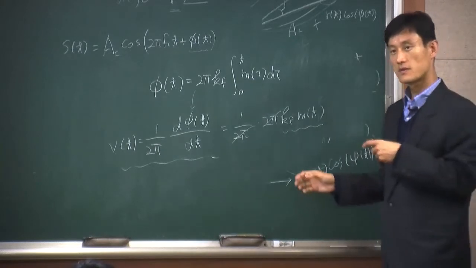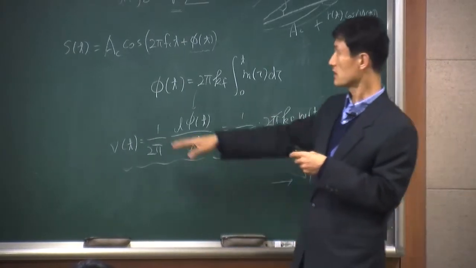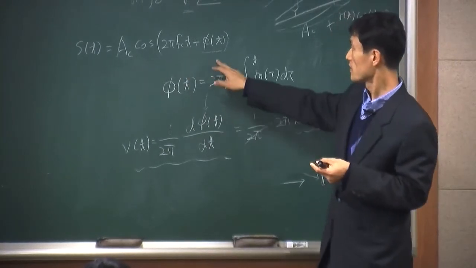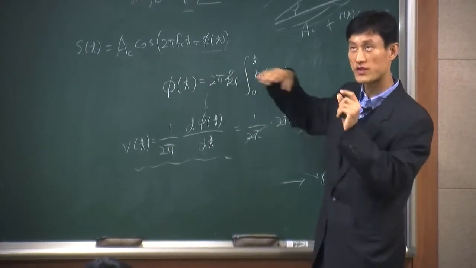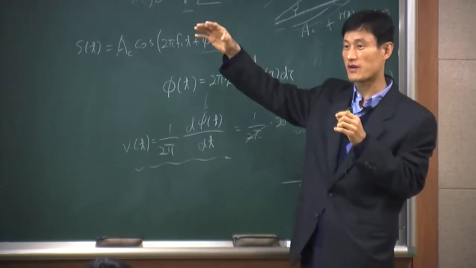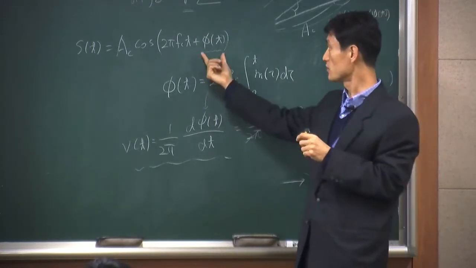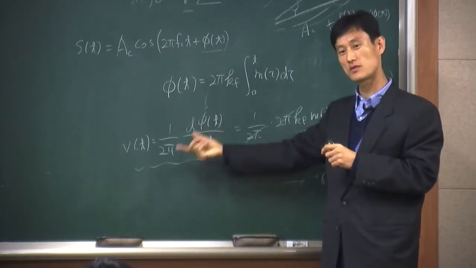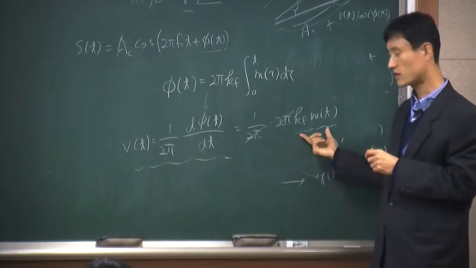That's FM, simply. This is the signal over the air in the FM case. Find out the phase of the signal over the air. Grab the signal, look at the phase and take a derivative. Just put it into the time derivative, and you're going to get the message.